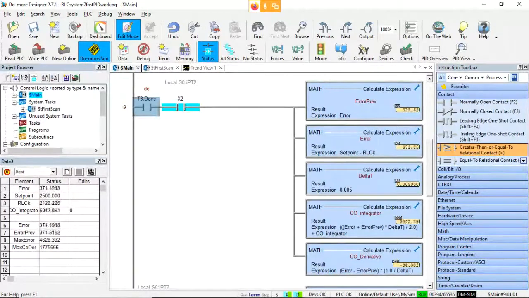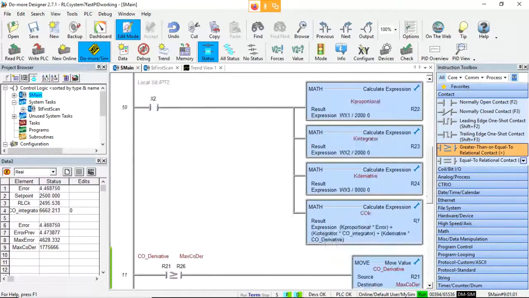And because we're dividing by delta t, which is 5 milliseconds, the value is going to get very big very quickly if there's a big change. All right, but the integrator control piece and the derivative control piece are only changing when the delta t is done.